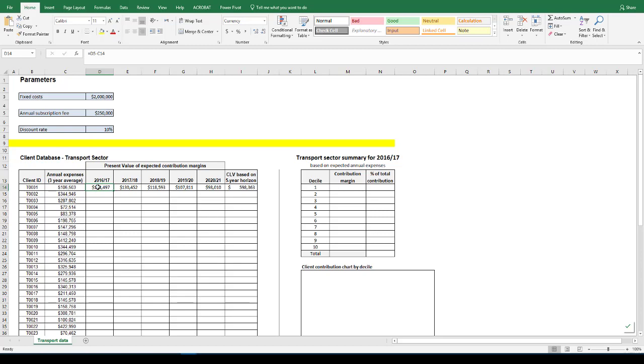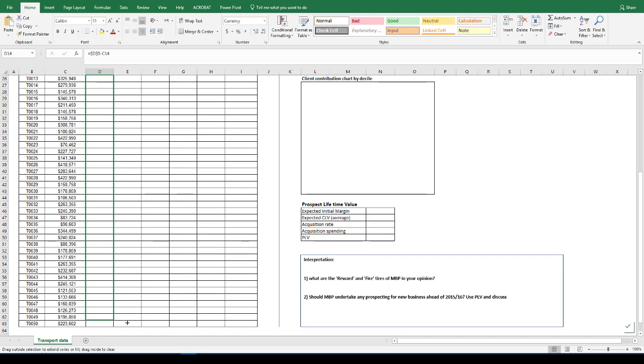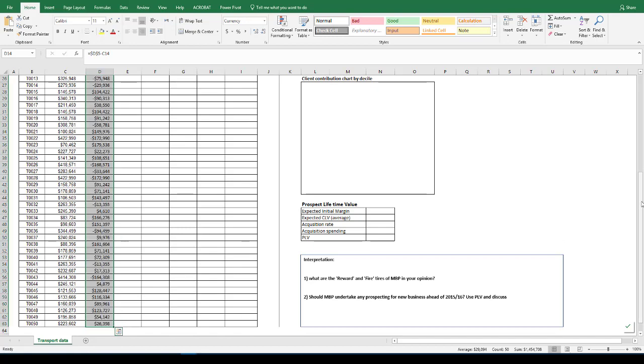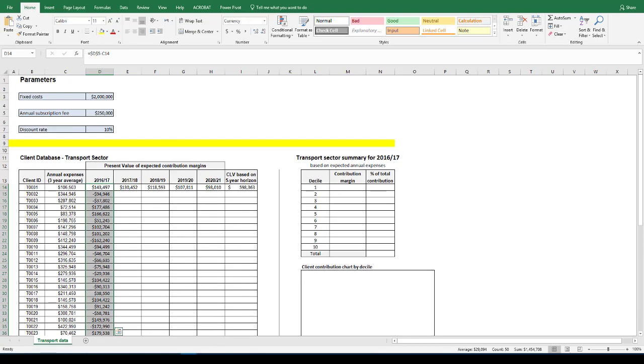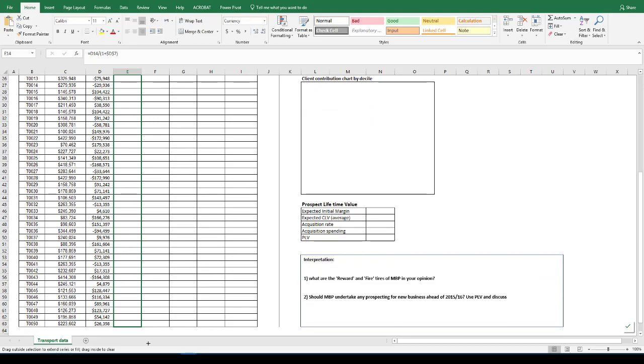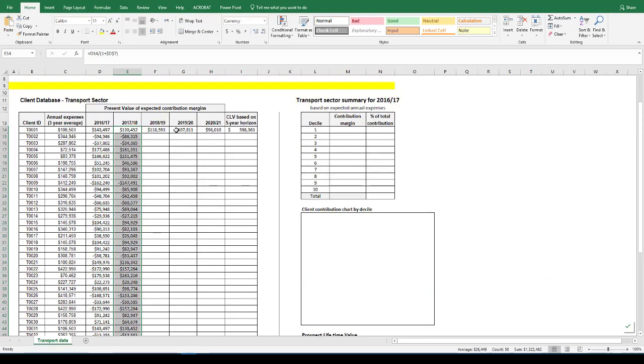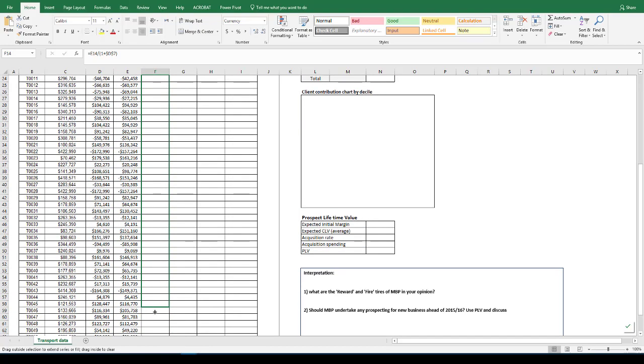The annual fee is fixed, so I can fix D5, pressing F4, and then use this formula for the rest of the cells. And because I have already fixed all of the cells, I can use the formula for other cells.